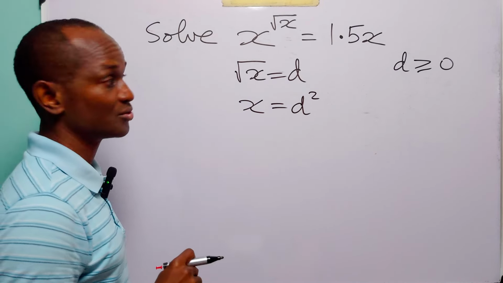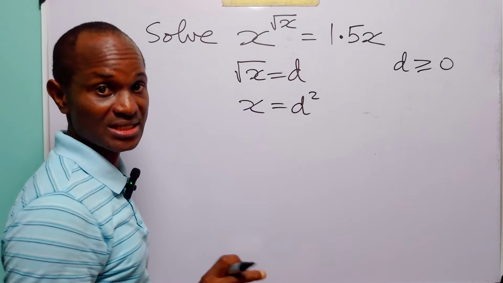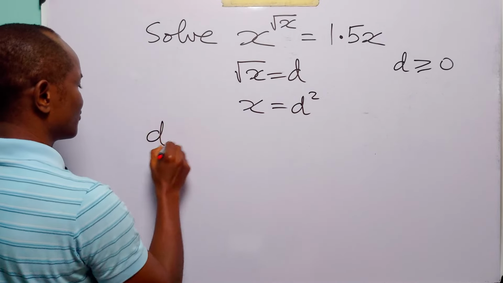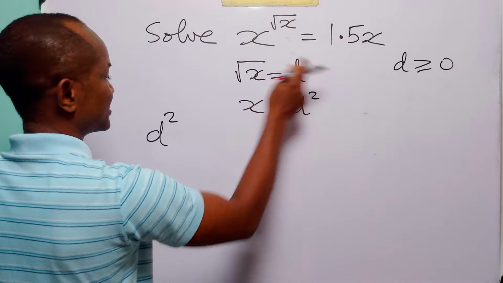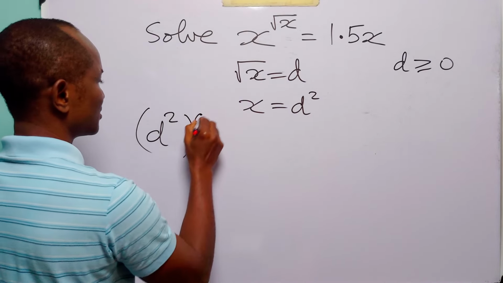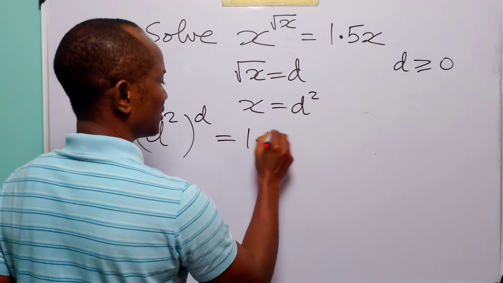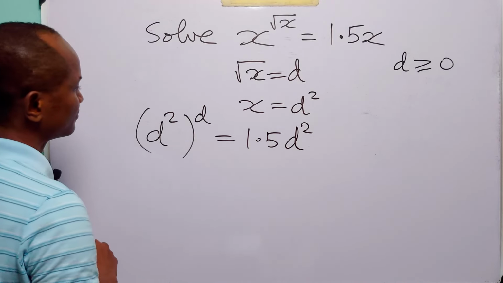The next thing we are going to do is rewrite the original equation in terms of d. Now, of course, x is now d squared. So here we have d squared to the power of the square root of x, which is d, and this is equal to 1.5 multiplied by d squared.